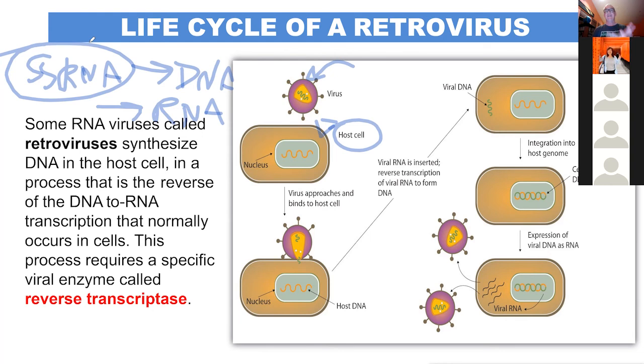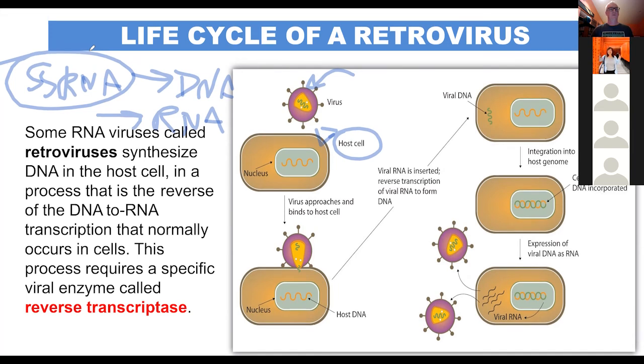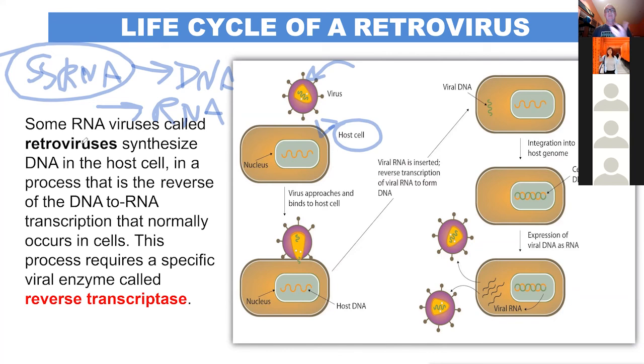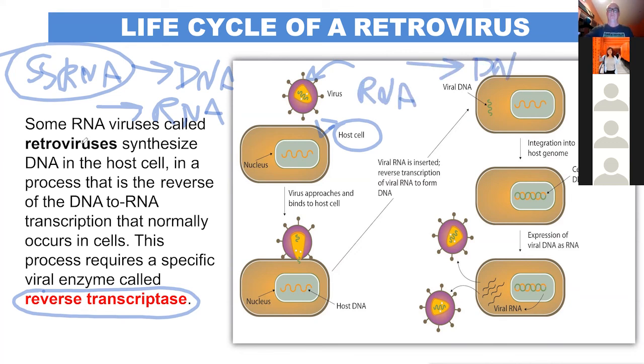So it gets turned into DNA, and then that DNA gets copied into the RNA. And that requires an enzyme that we don't have in our body. It's called reverse transcriptase. What that does is it takes RNA and turns it into DNA. Now that's something we don't do because there's no reason for us to.